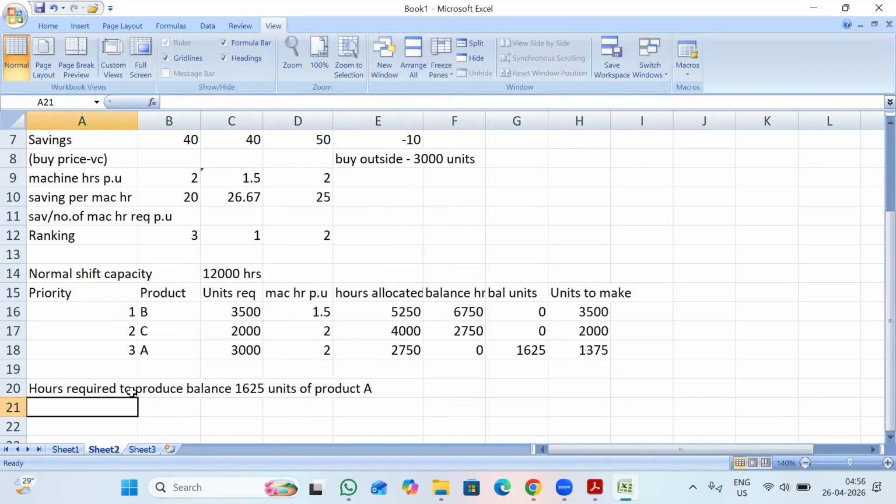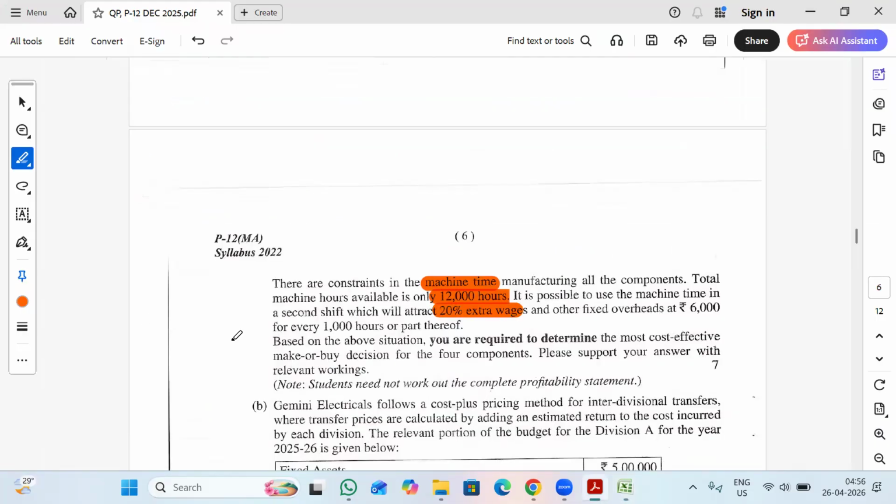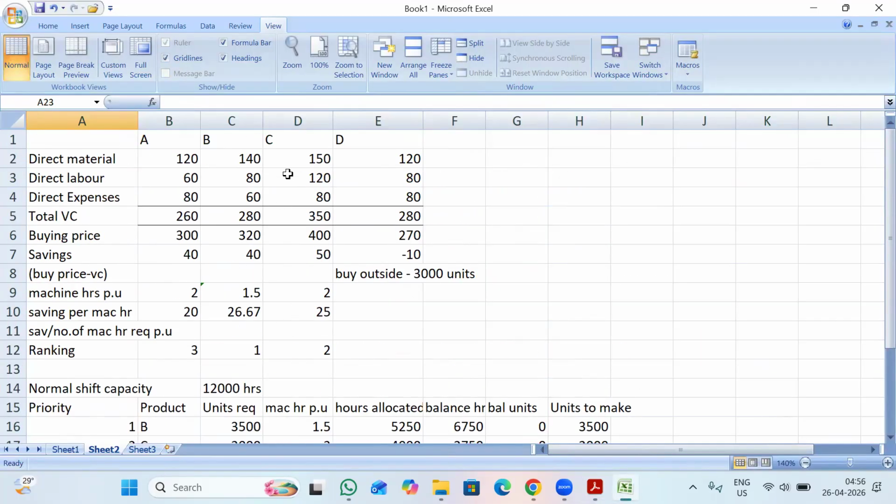For 1 unit, I require 2 hours, so for 1,625 units I require 1,625 into 2, that means 3,250 hours. Now I want to calculate how much the second shift costs. Wages will be increased by 20%.